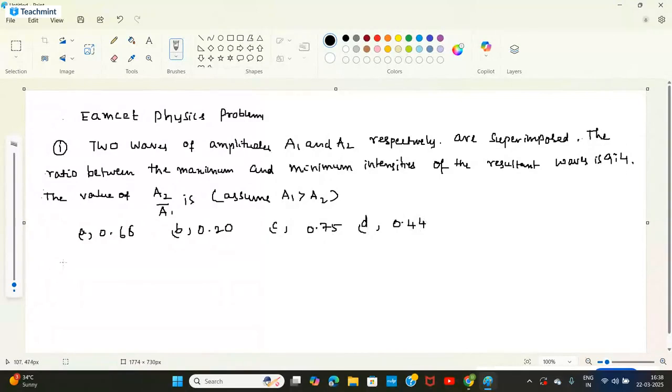So here solution, the maximum intensity Imax is to Imin is given by 9 is to 4. That is Imax by Imin is equal to 9 by 4.